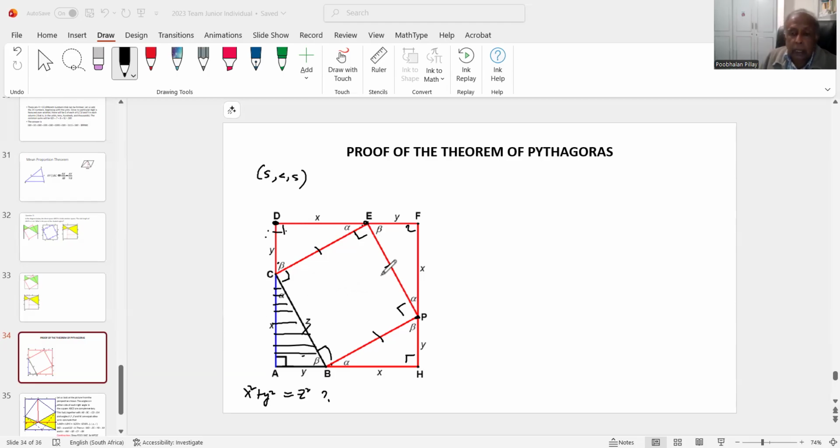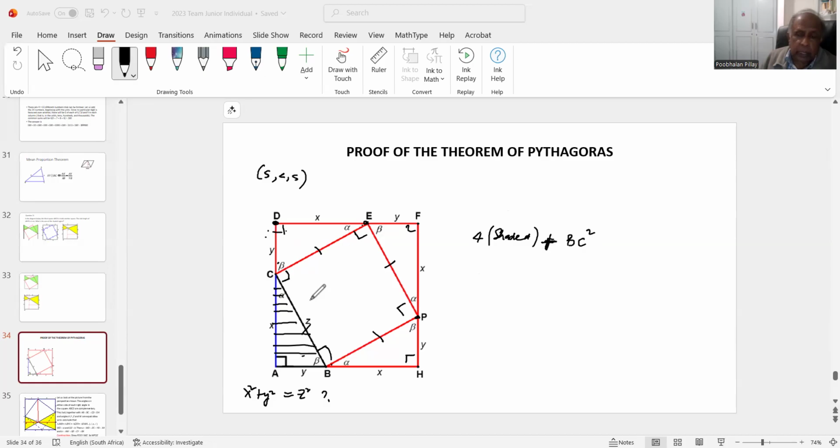Now, we are almost ready. We can now calculate the area of this shaded part. Now, all these triangles are congruent. So 4 of the shaded area plus BC squared.